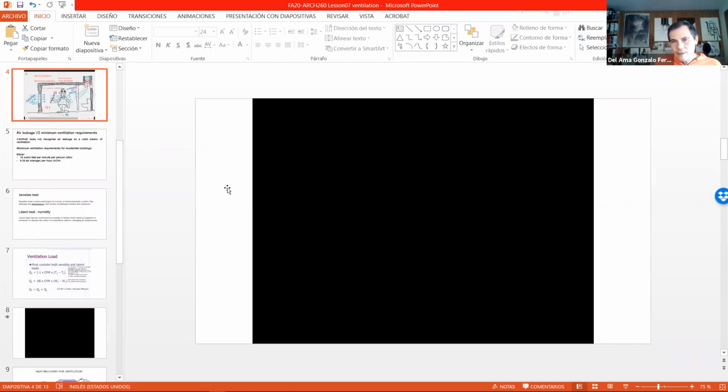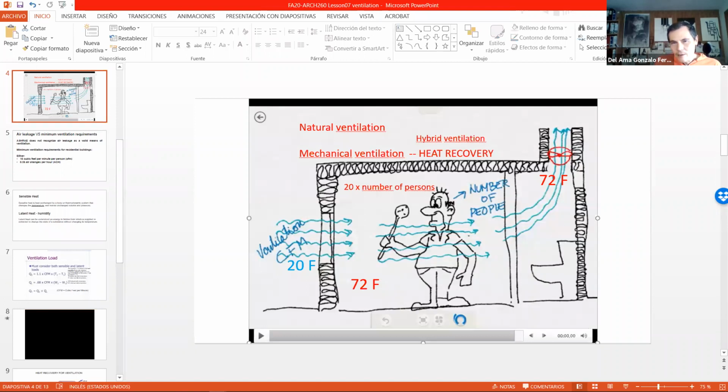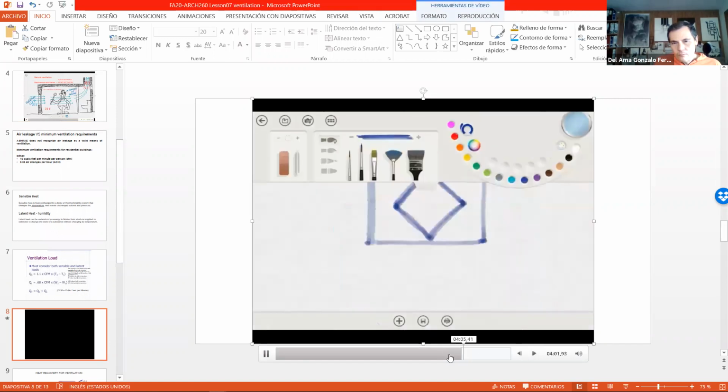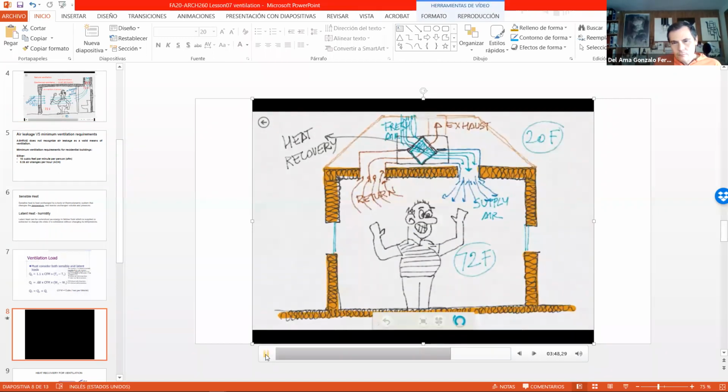We are not heating up air from 20 to 72. So this is a hybrid system with a mechanical extraction in the natural supply. This is a full mechanical ventilation system with a heat recovery.